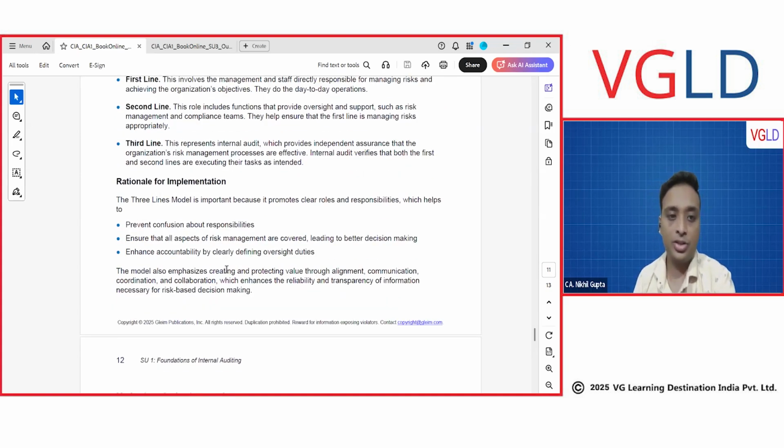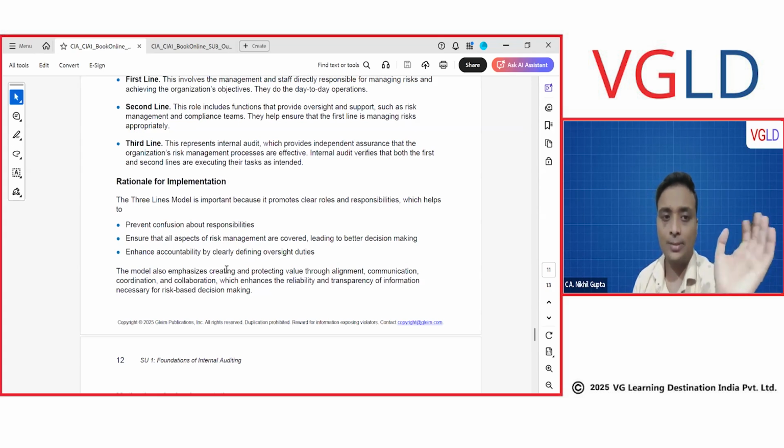So, the rationale for implementation: the three lines model is important because it promotes clear roles and responsibilities, that is, who does what. The first line manages risk to achieve the organization's objectives in day-to-day operations. Second line, risk assessments, and third line, independent assurance.